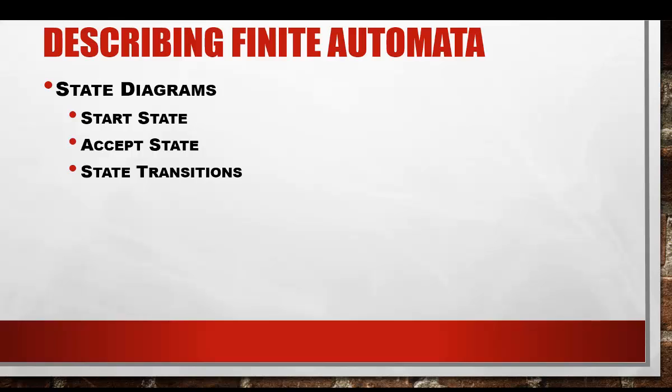And state diagrams basically show us how many states our machine will have, which is the state in which the machine starts, we call it a start state, and what will be its accept state, and we'll talk about these later, and how states transition between one another, or rather how the controller of our finite automata transitions between states.